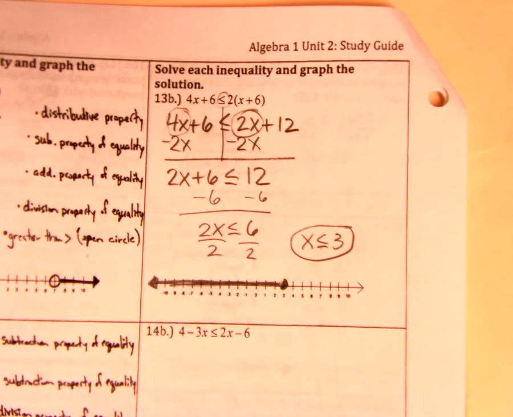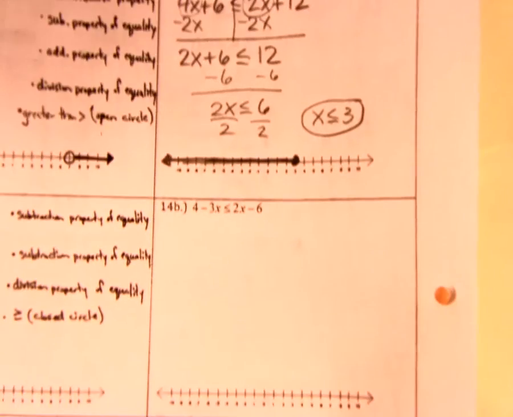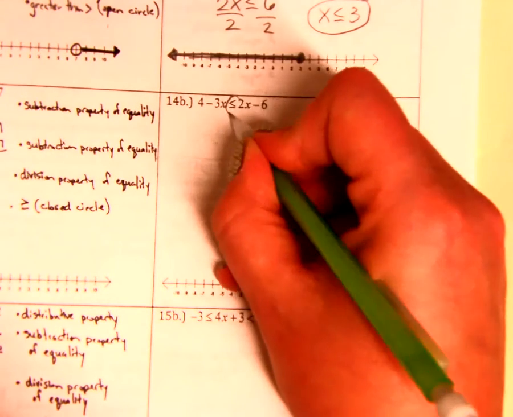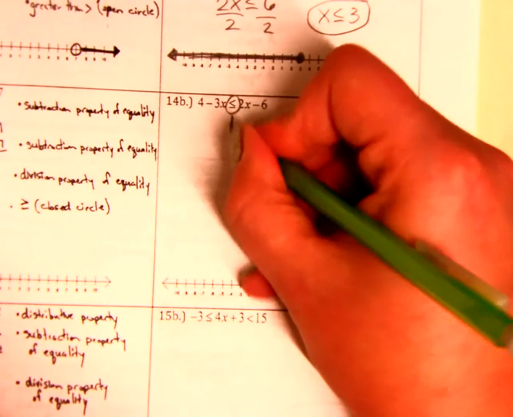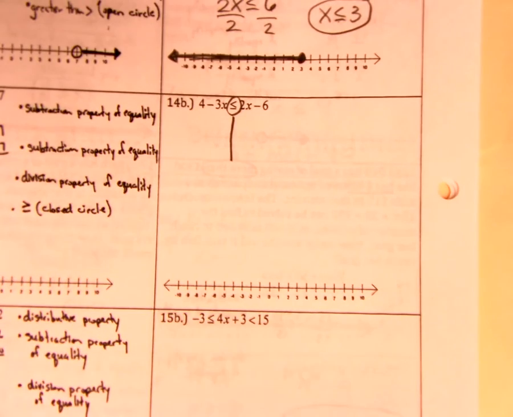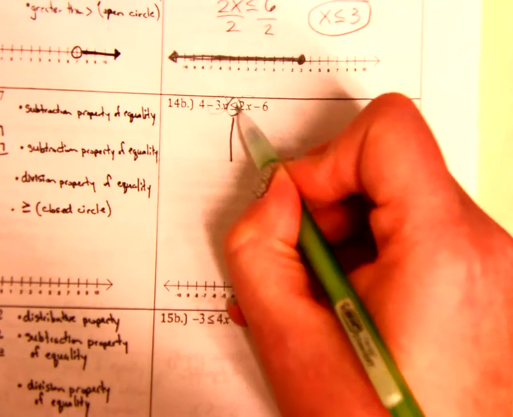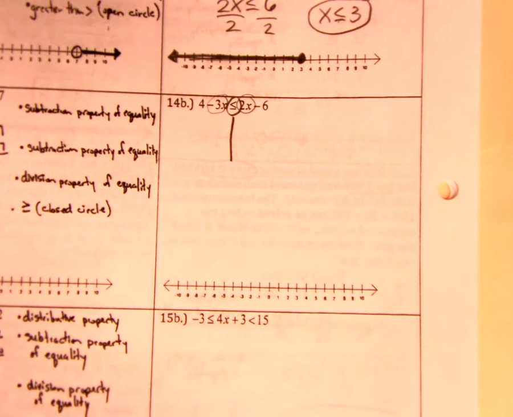Okay. 14b is a lot like 13b. Variables on both sides. Okay, I don't have to simplify anything on this one, so that's kind of cool. I got negative 3x and positive 2x as my variables, and the negative 3x is actually smaller because it's a negative.